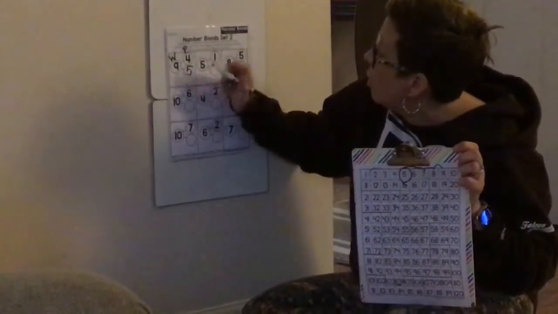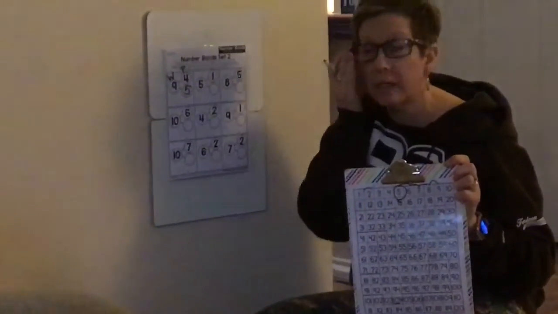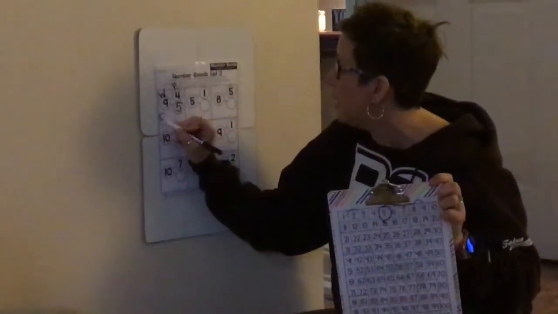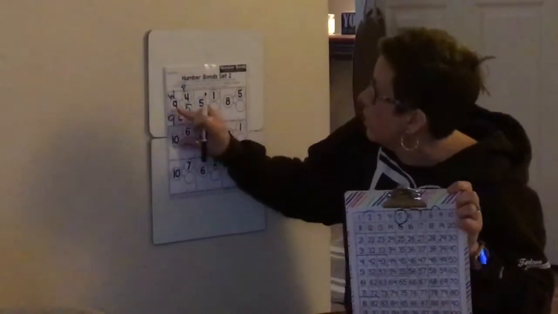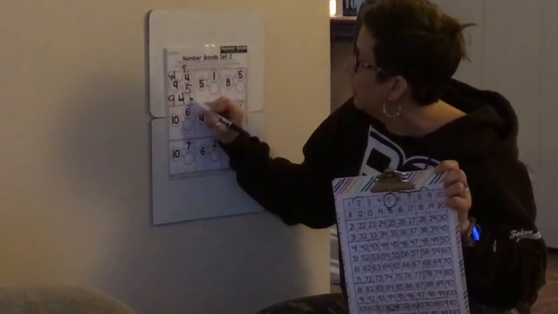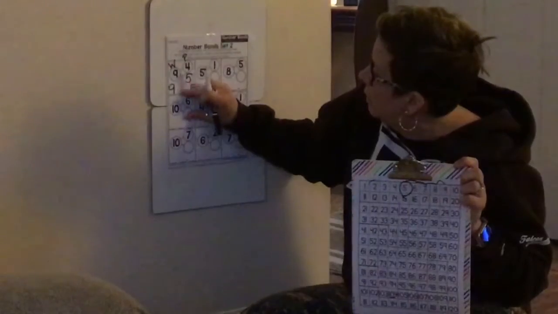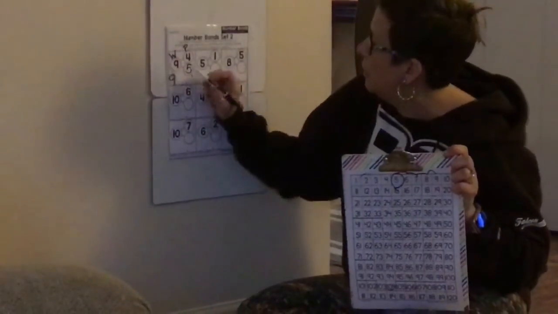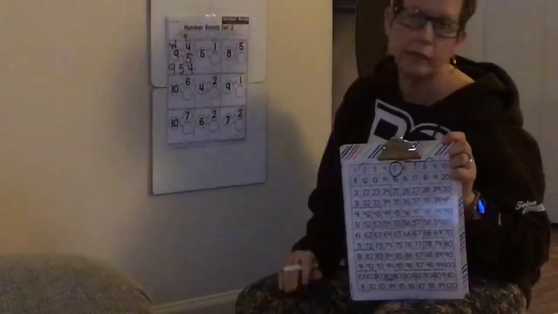Now I need to fill in my number sentence, so that's going to look like 9 minus 4 equals 5. Or 9 minus 5 equals 4. Either way is correct. That's how we're going to do that.